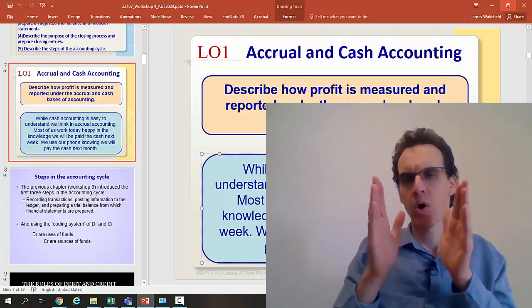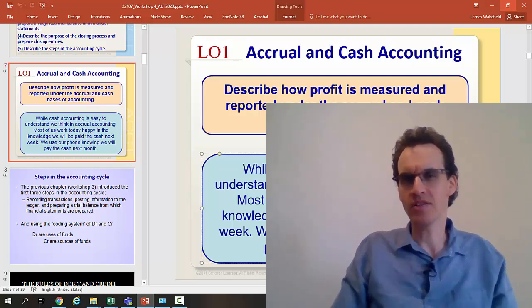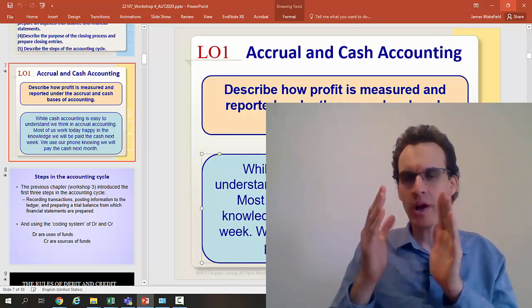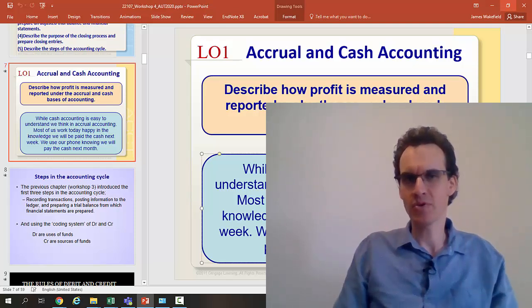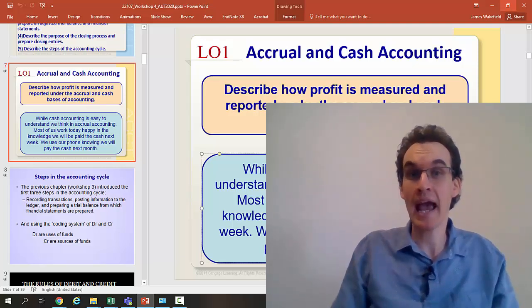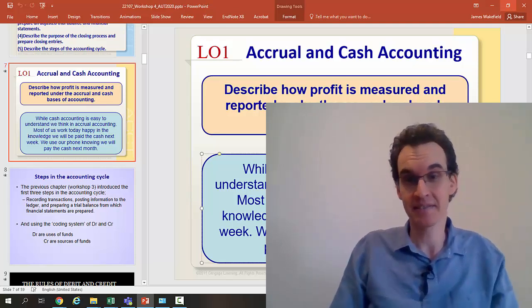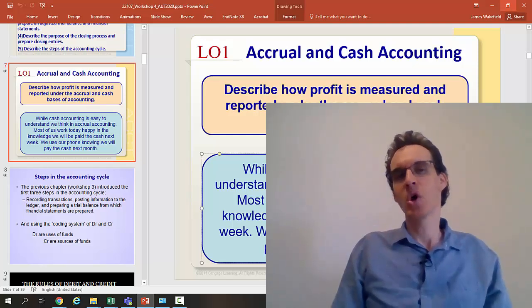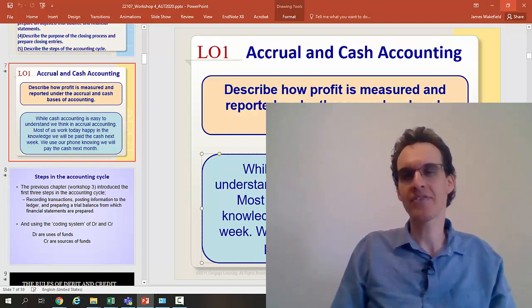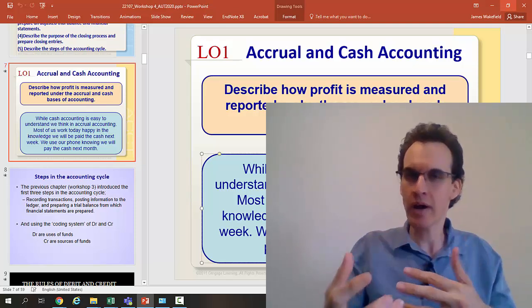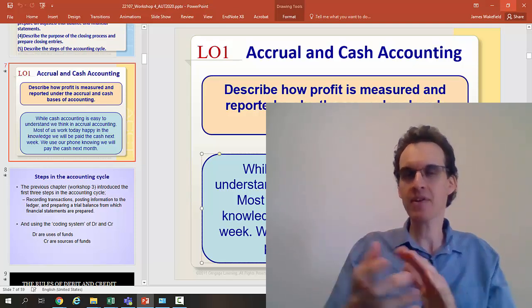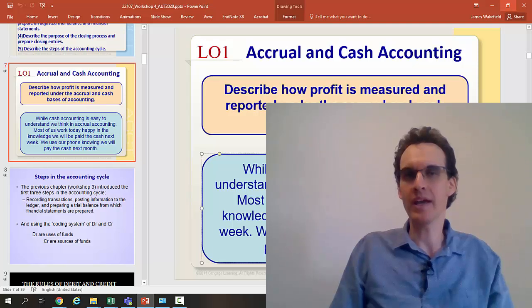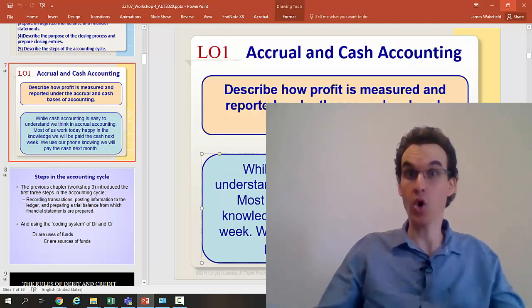Now, once I've paid the $30, I can then use the phone throughout the financial period. So when I use it, I of course am using up my prepaid balance and therefore using up my resource and incurring an expense. So this is the difference. What we are interested in accrual accounting is when we are generating revenues, which specifically relates to when we generate and earn those revenues.